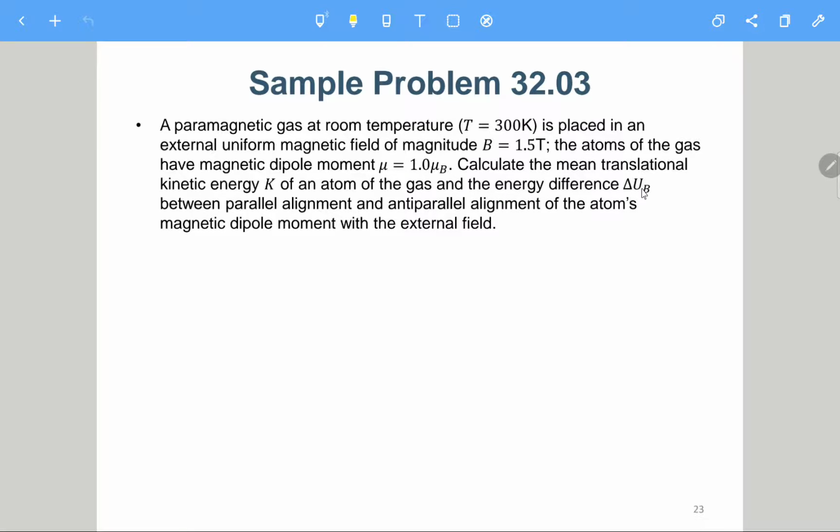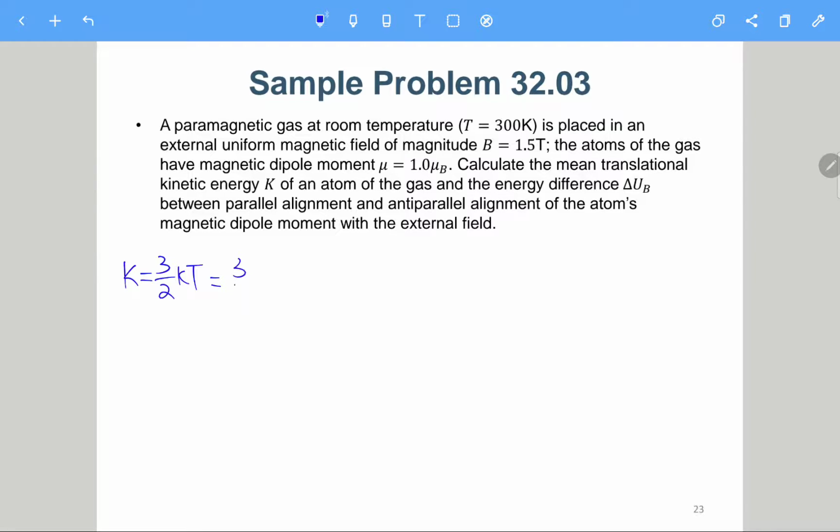and the energy difference delta UB between parallel alignment and anti-parallel alignment of the atom's magnetic dipole moment with the external field. When you learn thermodynamics, you know K equals 3/2 kT.